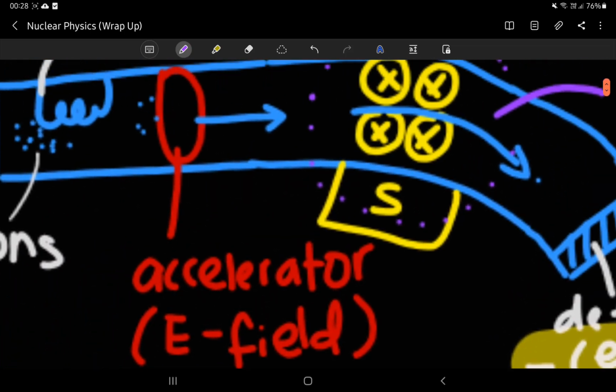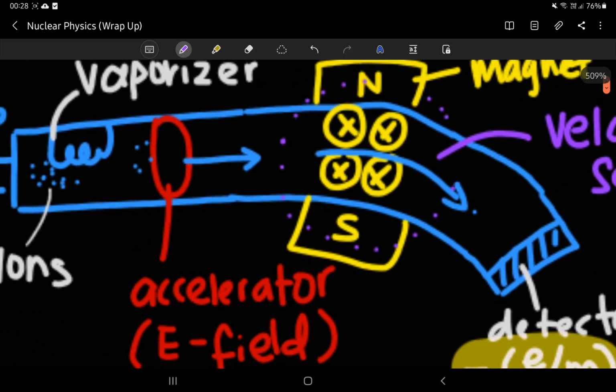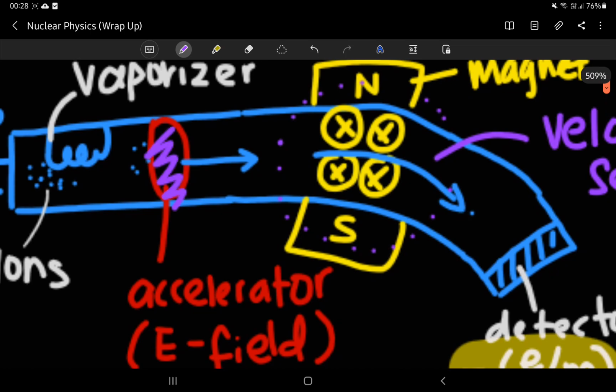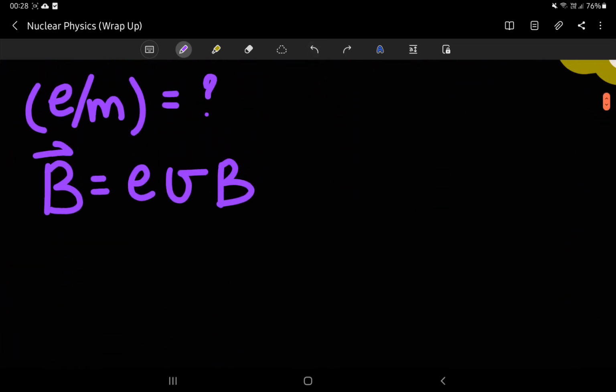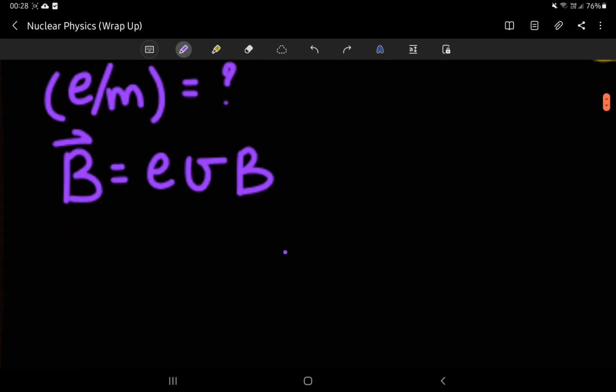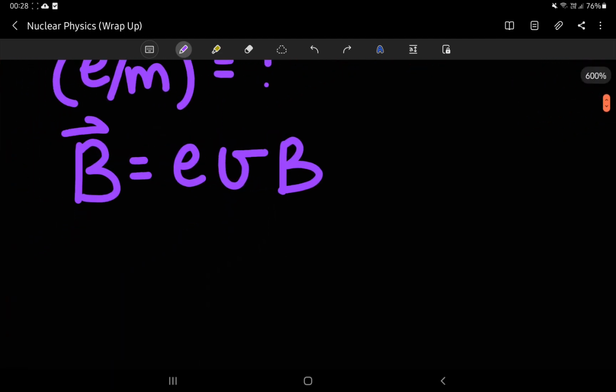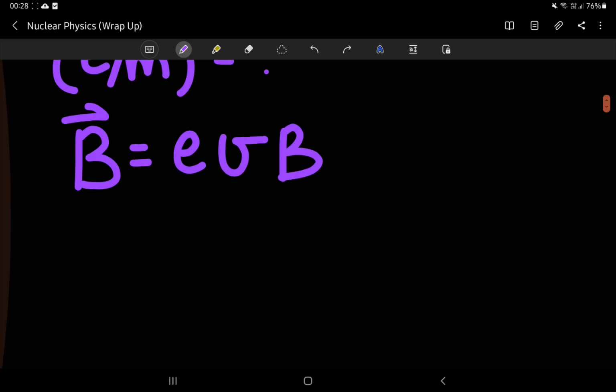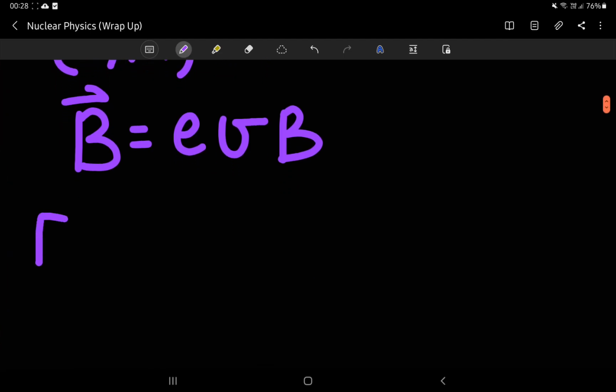In the accelerator here, the ions get accelerated. First we need to consider the E field. It gets accelerated because the strong electric field acts on the ion particle.